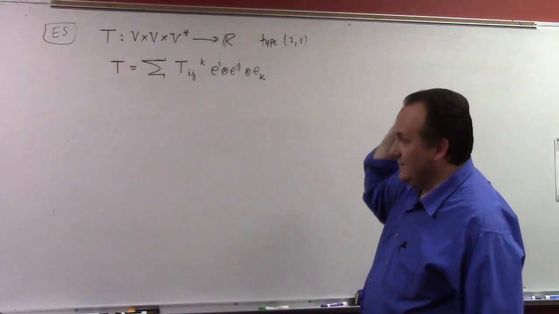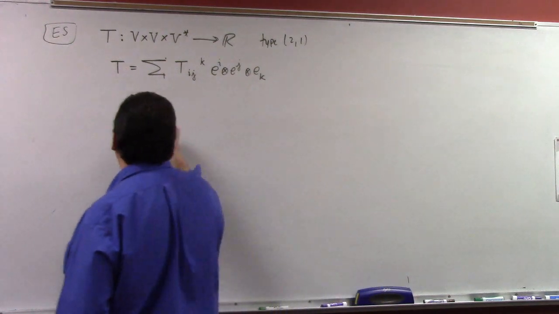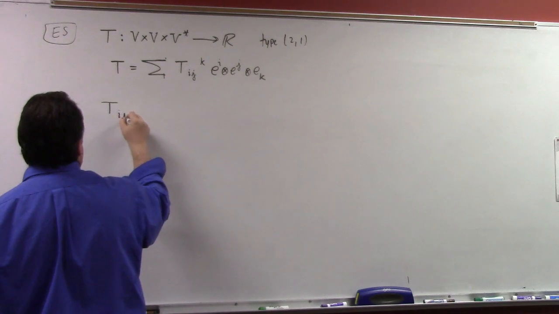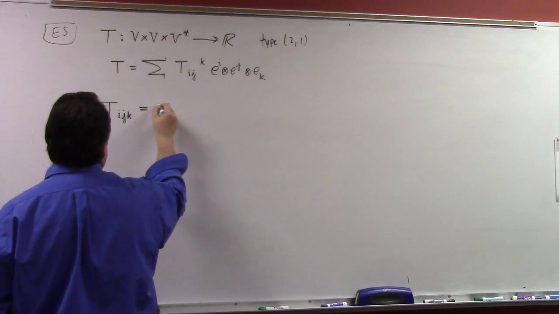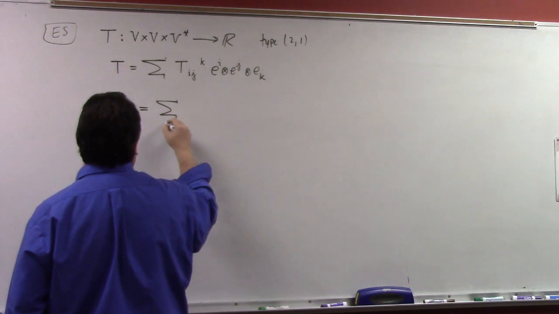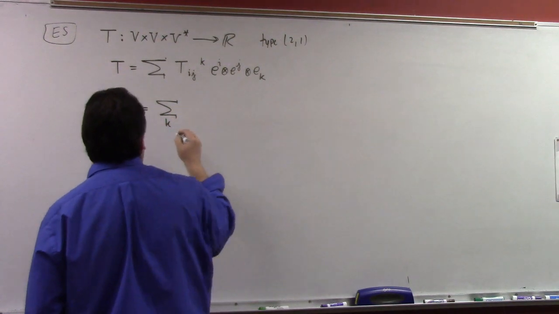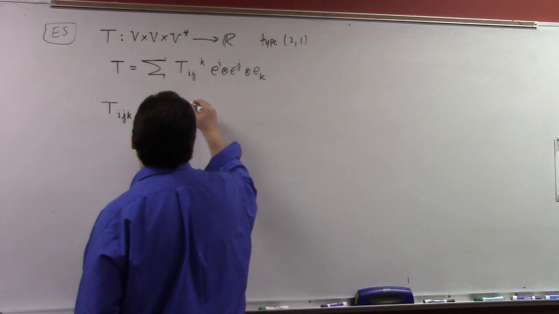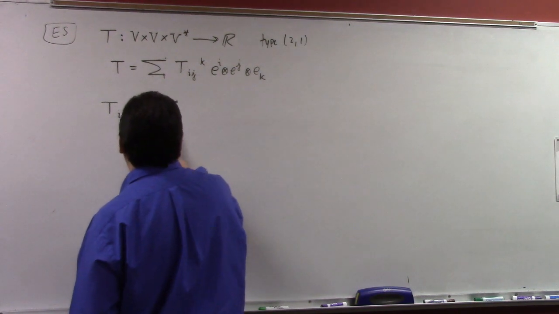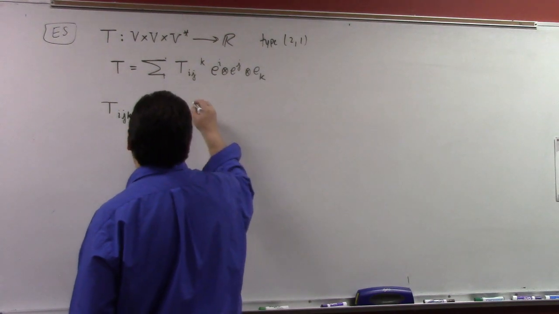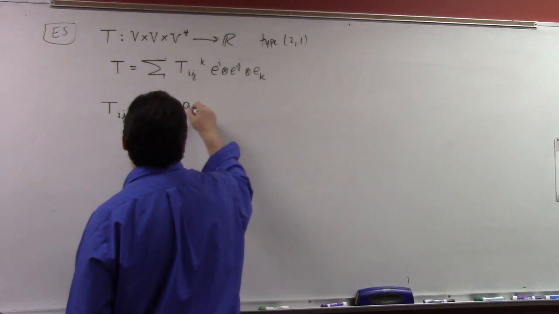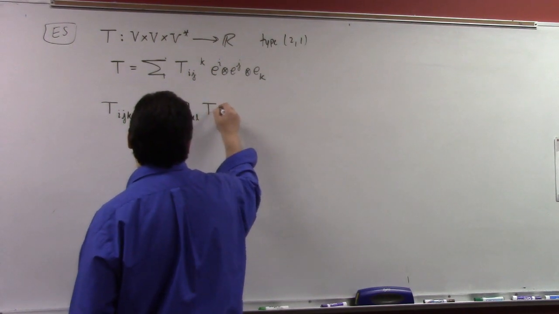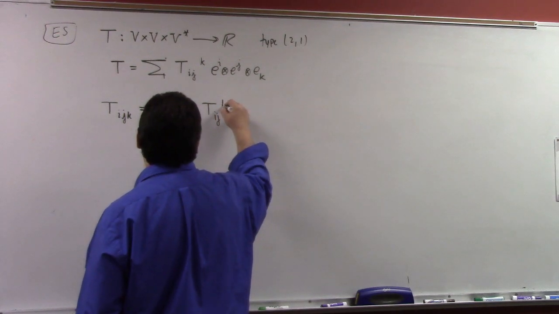All right, so in this context, you could do things like talk about T, for example, T^{ij}_k, and that would be equal to the summation over some other letter, let's say L, of g_{kL} T^{ijL}, like that.